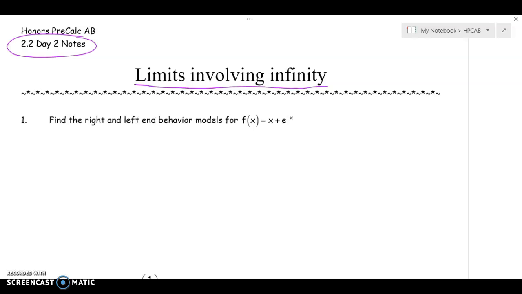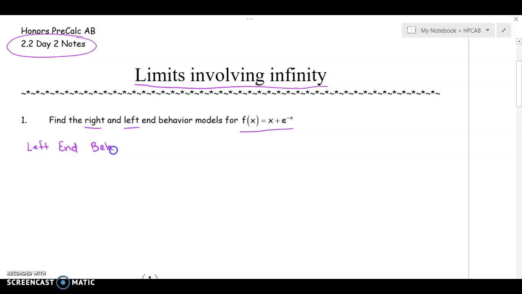Before we get to that though, we're going to talk about something called a right and left end behavior model. So you're going to be finding a right end behavior model and a left end behavior model. Basically, for this function, f of x equals x plus e to the negative x, we're going to find the left end behavior.